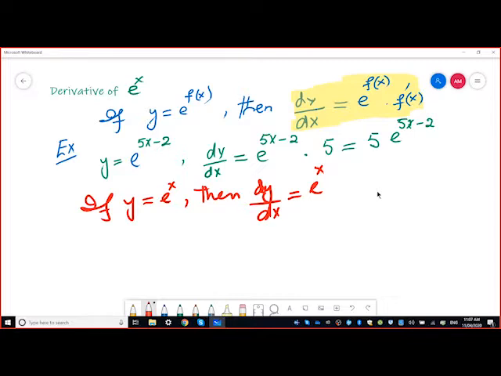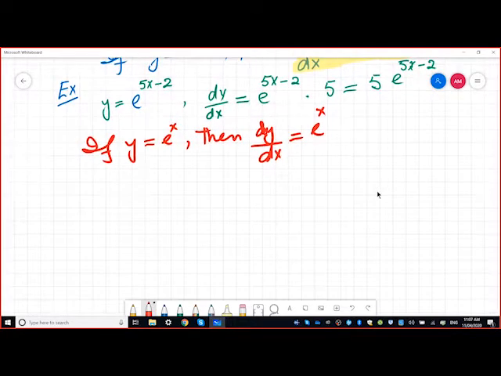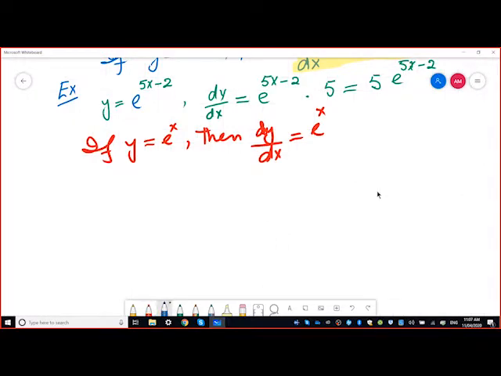Okay, let's do two more questions, which may be a little tricky, and then we would go to the exercise example. So now let's say your y is equal to e raised to the power x square plus x.